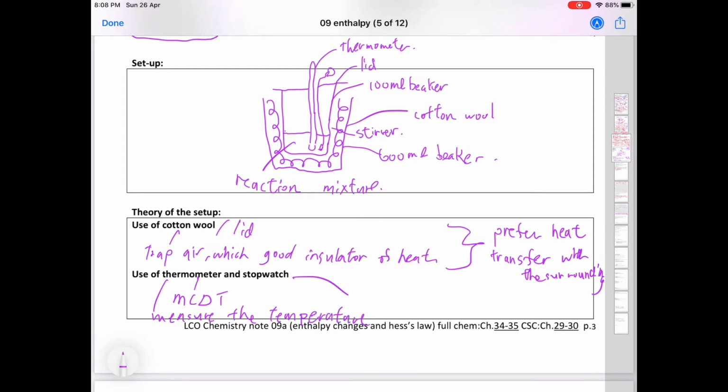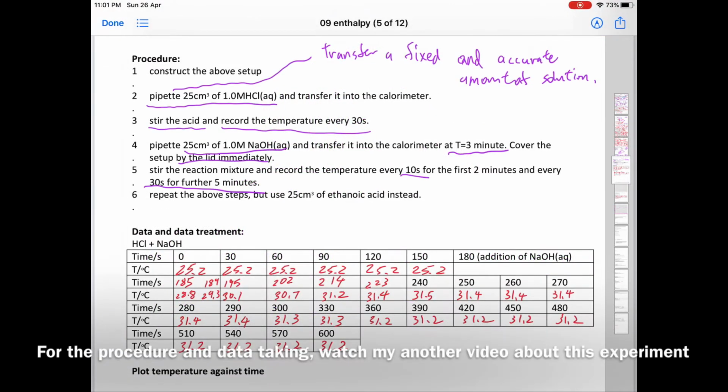And then the stopwatch is to measure the time used in the experiment, because later on we will do some data analysis by drawing a graph plotting temperature against time. Here is my data set.